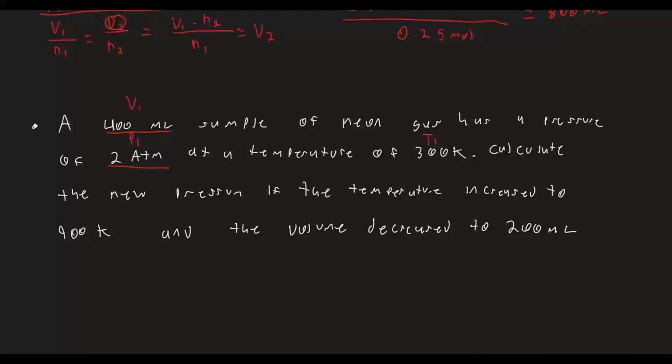Calculate the new pressure, P2, if the temperature increased to 900 Kelvin, so this is T2, and the volume decreased to 200 milliliters, and this is V2.